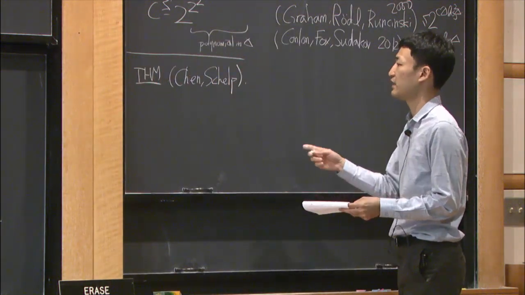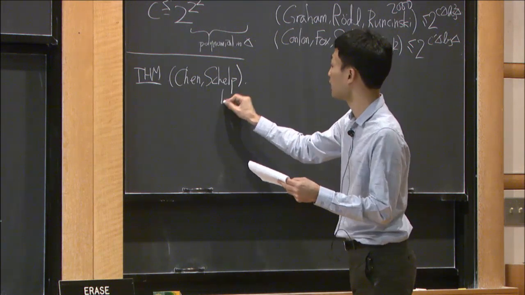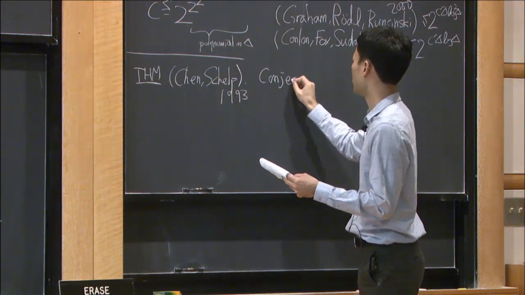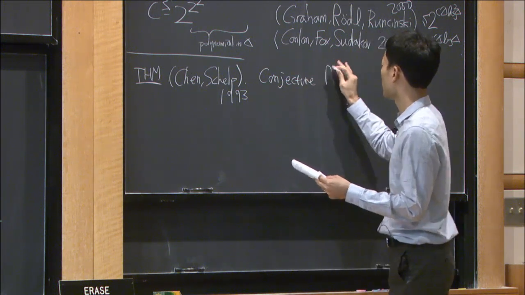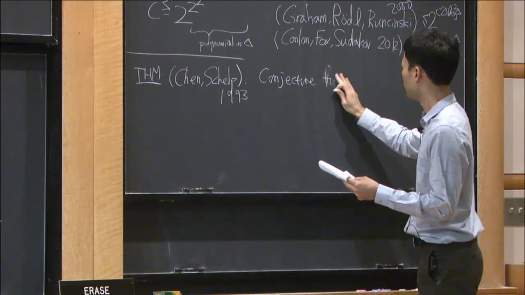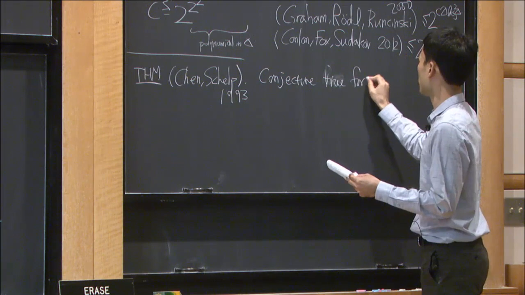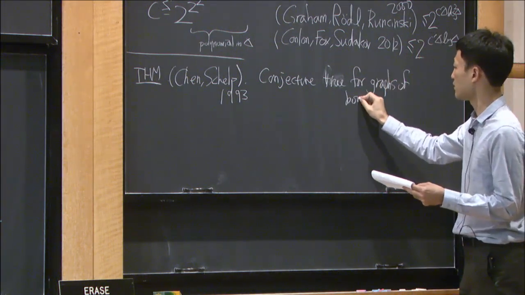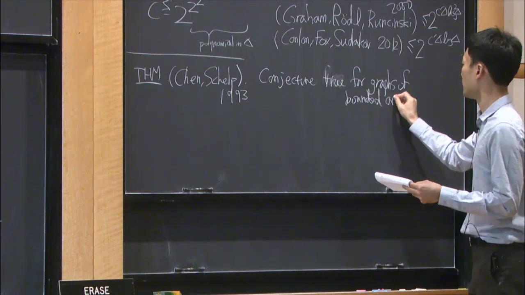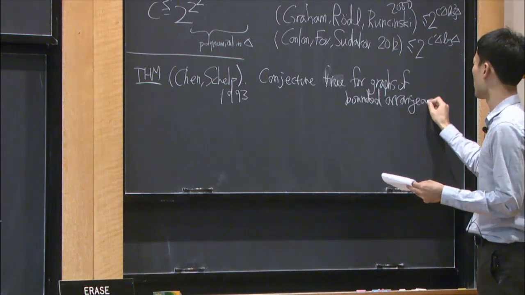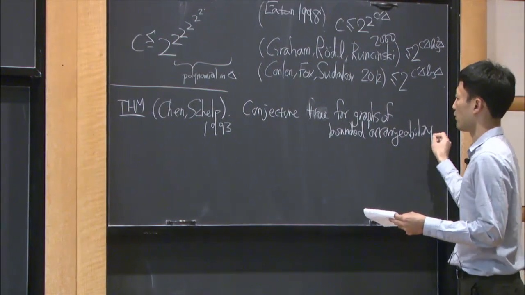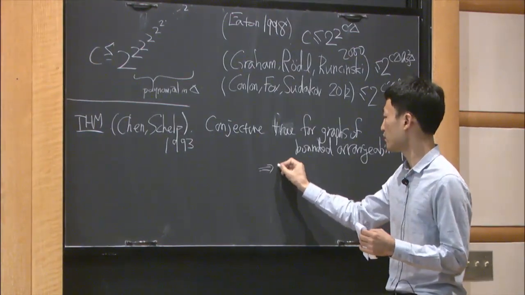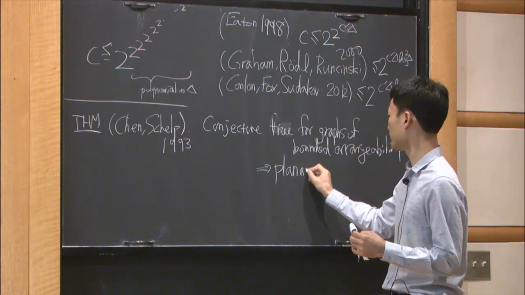I won't define it, but they define the concept of arrangeable graphs and prove that the conjecture is true for graphs of bounded arrangeability. I won't define this, but in particular, it implies that it's true for planar graphs.